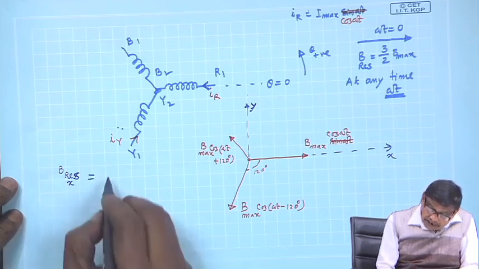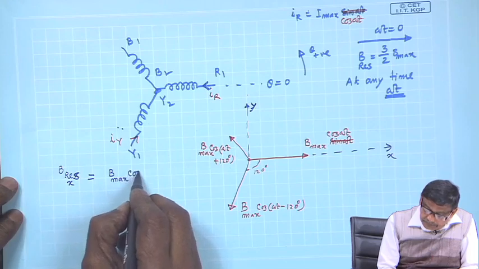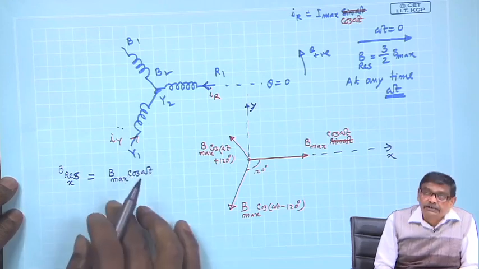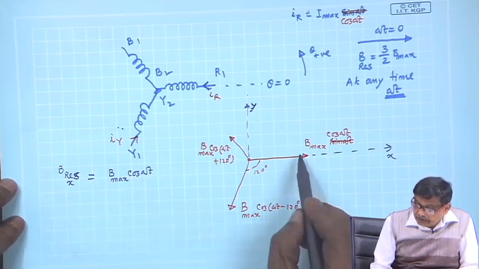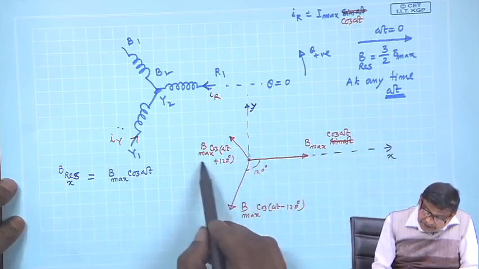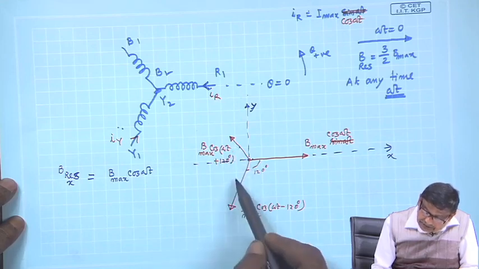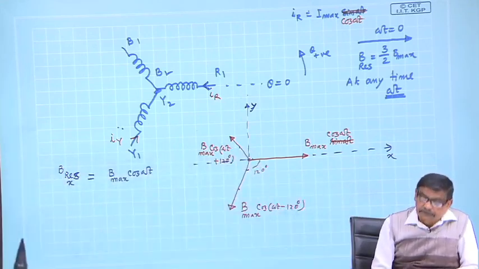What will it be? You can see, it will be B max cosine omega t. This calculation you watch carefully. So, B max cosine omega t is positive x, it is there. Then there are x components for this and for this vector, which are in the negative direction.